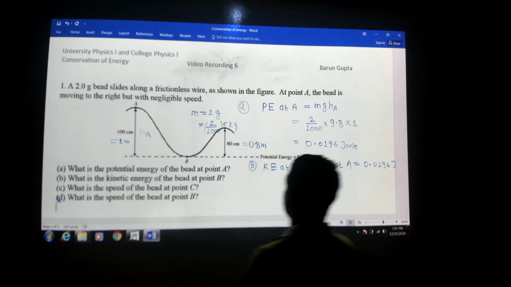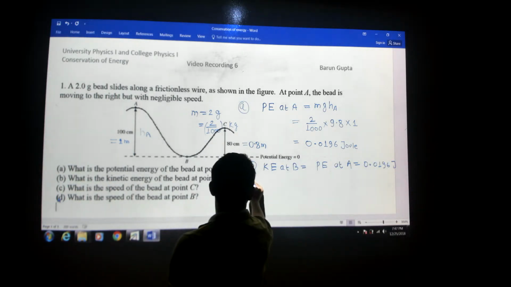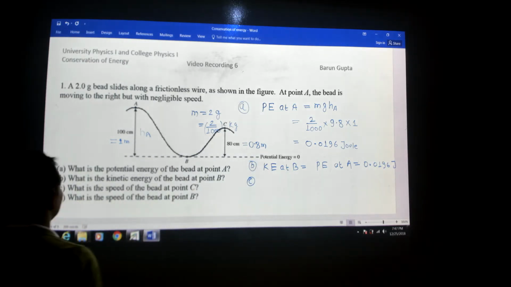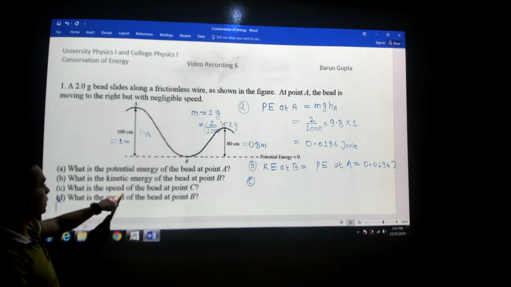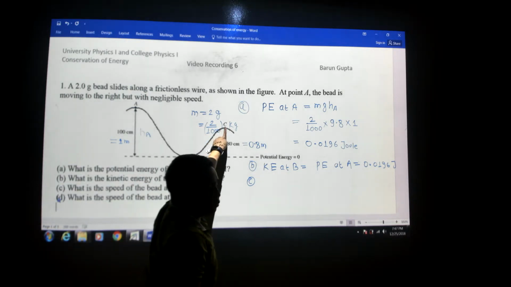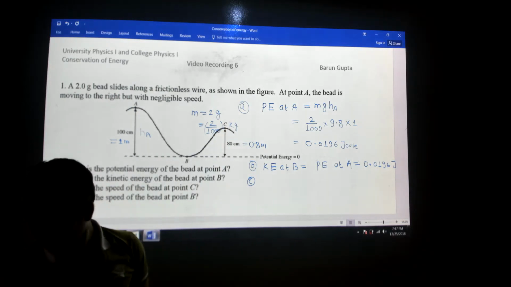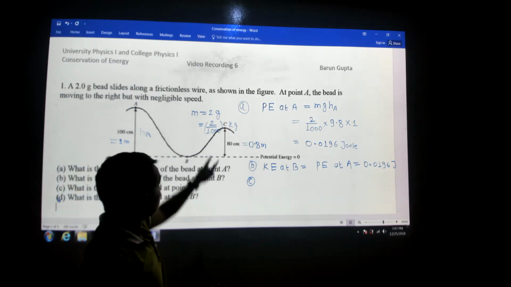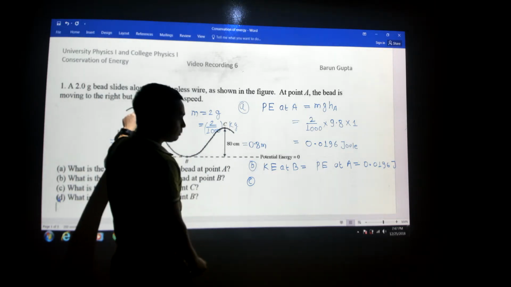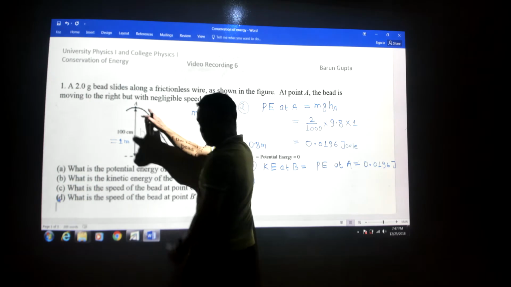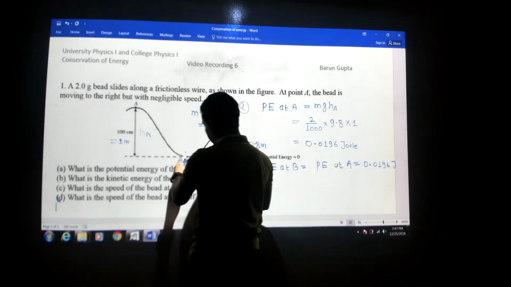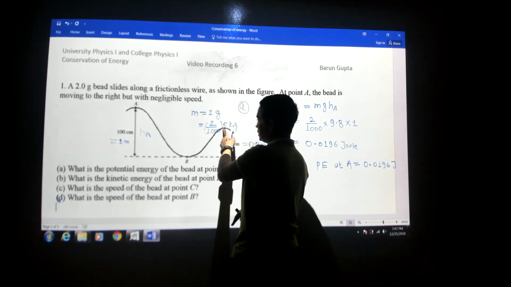Okay? And now number C. This requires a little bit of thinking. What is it asking? What is the speed of the bead at point C? It is asking you to find the speed at point C. So when the ball slides down, all the potential energy at this point changes into the kinetic energy, and this kinetic energy again changes into the potential energy.